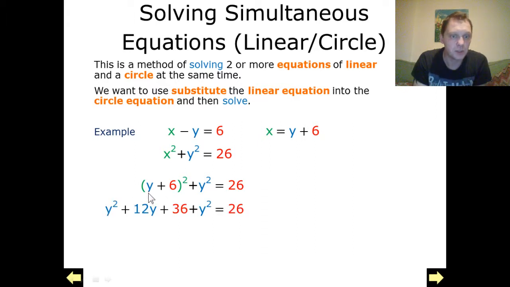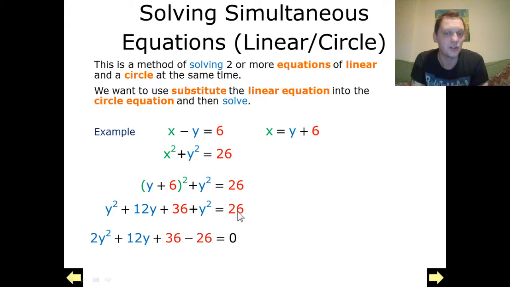So by multiplying out our brackets, we end up with y squared plus 12y plus 36 plus y squared equals 26. Now simplifying this a tiny bit with our y squareds, because we've got two lots of y squared, that becomes 2y squared plus 12y plus 36.